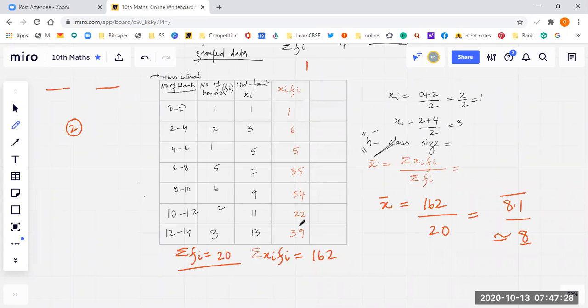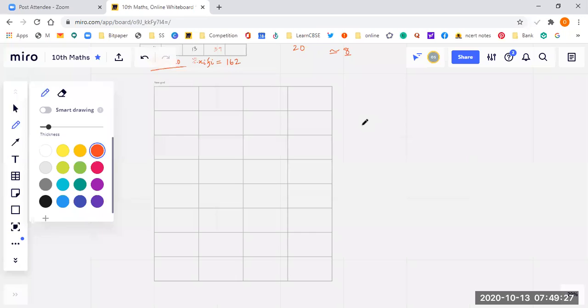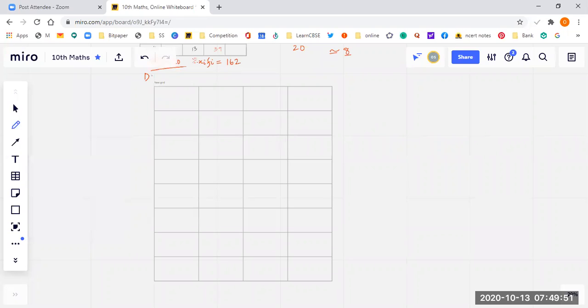Okay, let's do one more sum on this. Yes, students, we have yet another sum. This is a sum of the old time, when students used to get less money. Now they get more money. This is the daily pocket allowance.